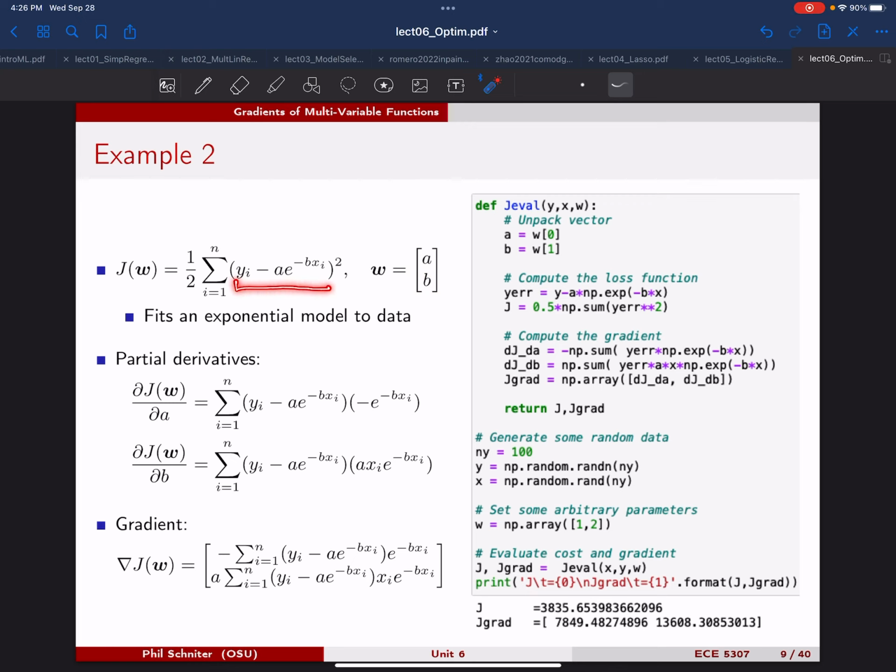The chain rule is something we're going to be using a lot for the rest of the term, so it's something to get familiar with and practiced with. Anyway, these are the two partial derivatives, and then we stack them together to get the gradient. You can see they both depend on all of our training data.